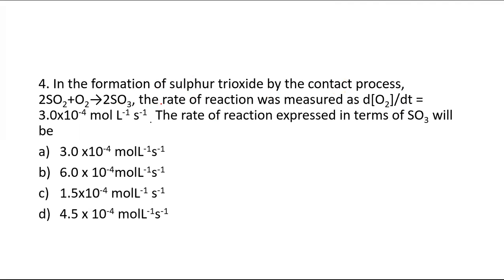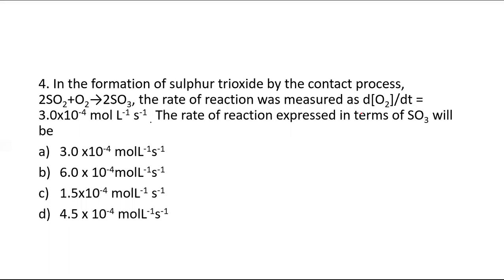This is the reaction. The rate of reaction was measured as dO2 by dt. See, here it is positive because O2 is a reactant, they have just represented it in terms of measurement. So here they have not taken the negative sign. They are not expressing the rate here, so don't get confused.